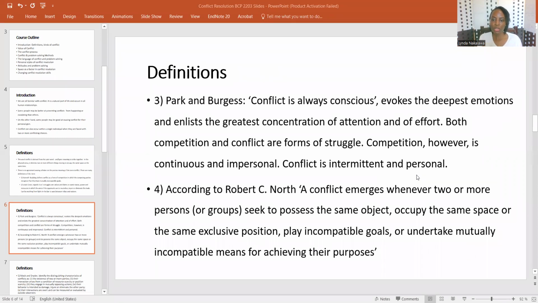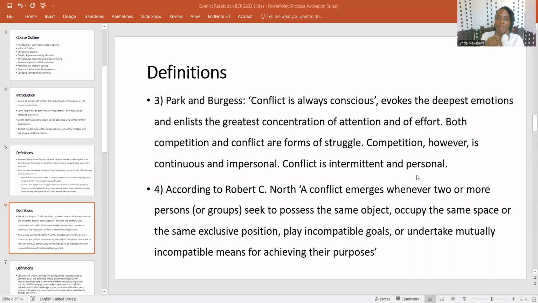Park and Burgess also talk about competition, which is a little bit different for them from conflict. They say that competition is continuous and impersonal. When two people are competing, they compete continuously, but it is not personal. On the other hand, conflict is intermittent.